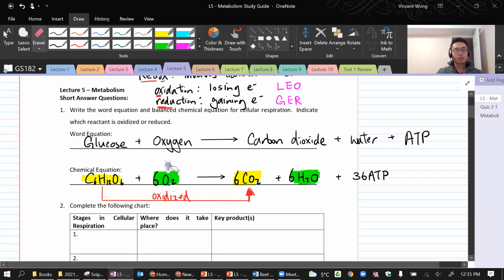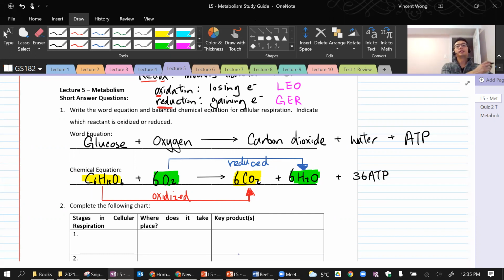So oxygen is going to be reduced into water, reduced. Okay, so that's basically what a redox reaction is. Any questions so far?